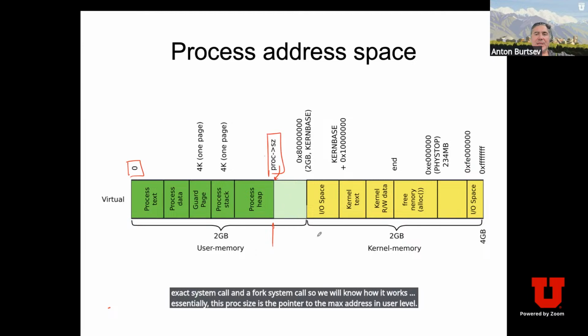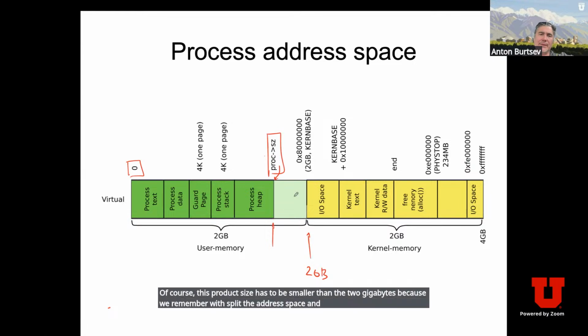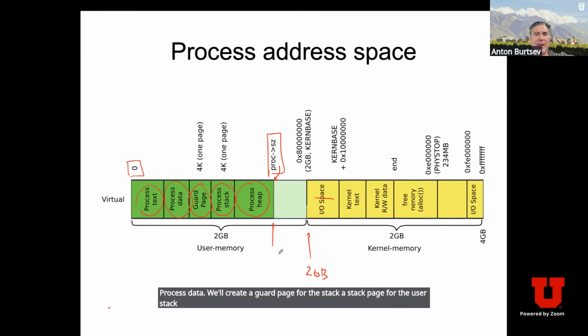Of course, this proc size has to be smaller than 2 gigabytes because we split the address space into halves. Lower half is for the user, upper half is for the kernel. But roughly speaking, there will be a process text, process data, we'll create a guard page for the stack, a stack page for the user stack, and then the process heap will be growing dynamically, and it will be tracked by the process proc size variable, right? And that's what this check is doing.